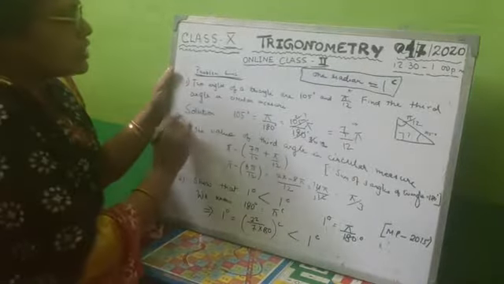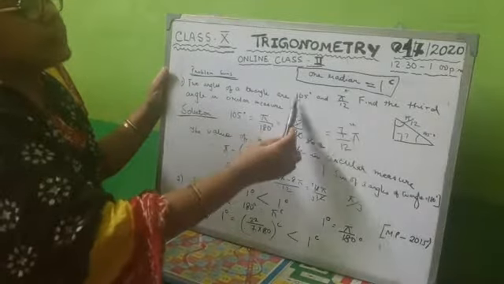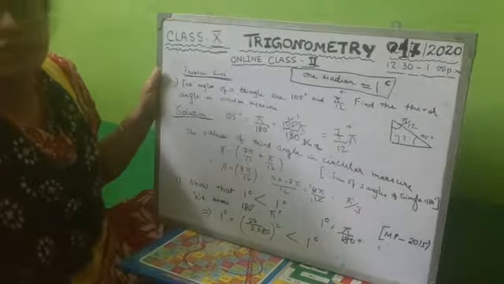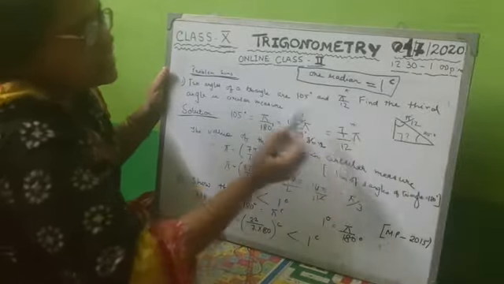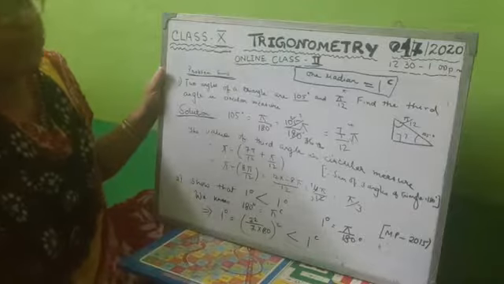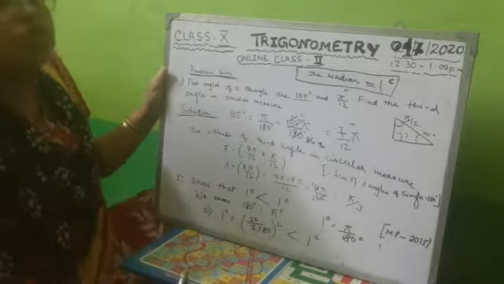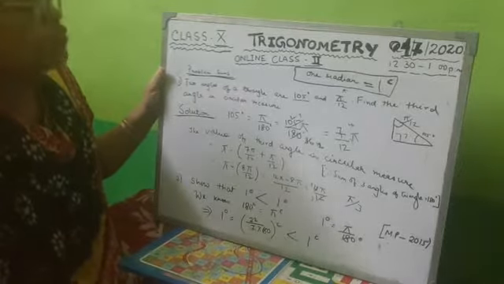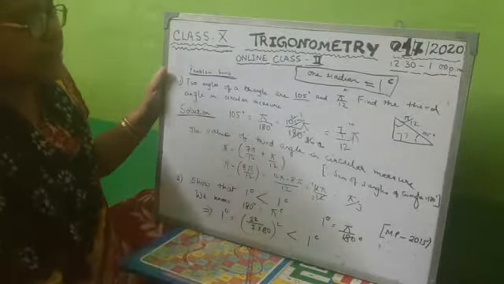So come to the solution. First, let me change all into circular values. The first one is expressed in degree, 105 degree. If we change it to radian or circular value, we know pi by 180.